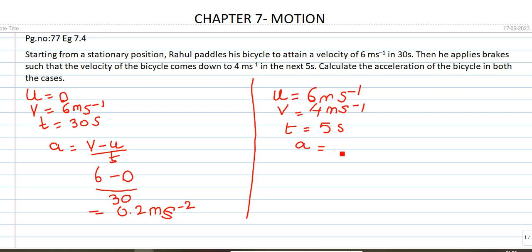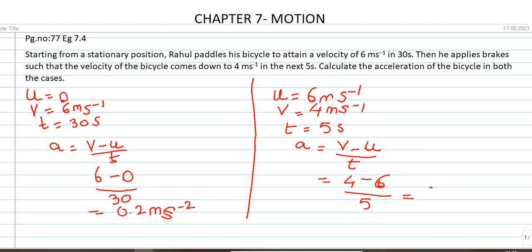Acceleration is equal to final velocity v minus initial velocity u over time. So we have 4 minus 6 by 5.